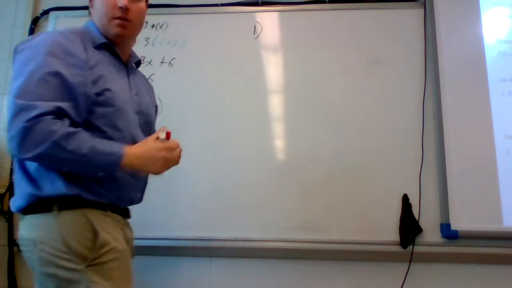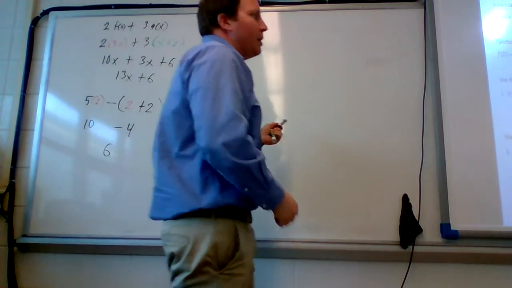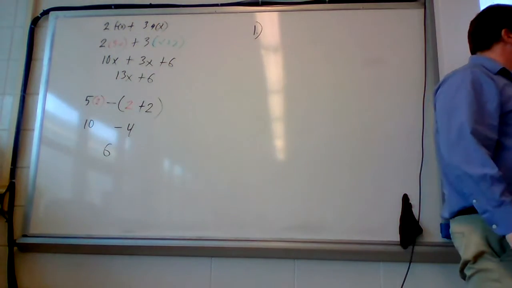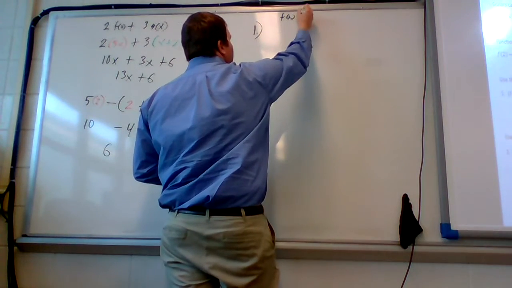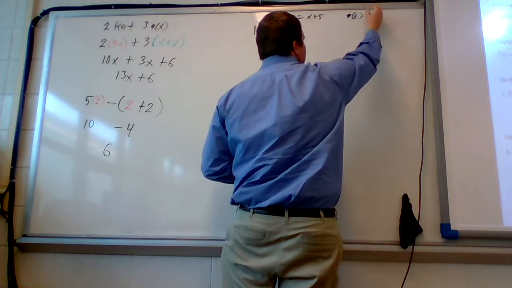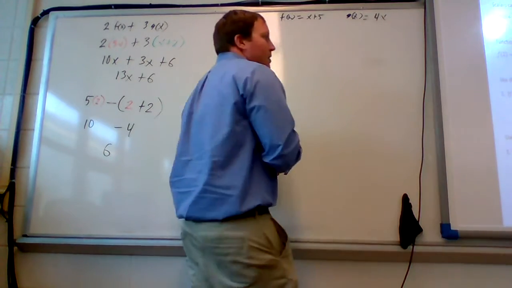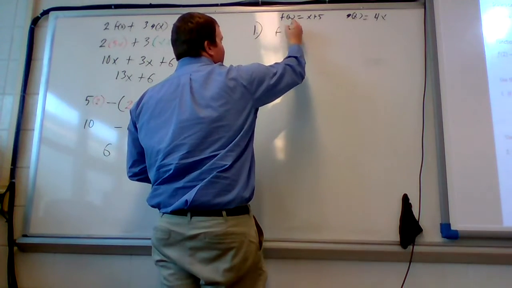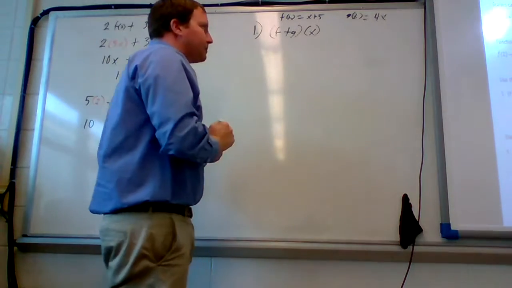Notice this time our f of x is x plus 5, and our g of x is 4x. So they wrote it this time as f plus g of x.